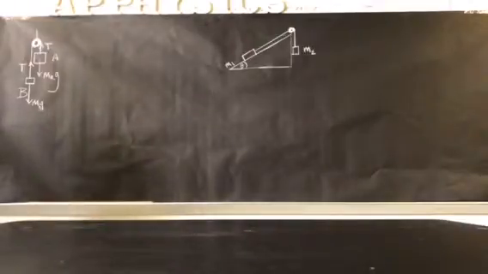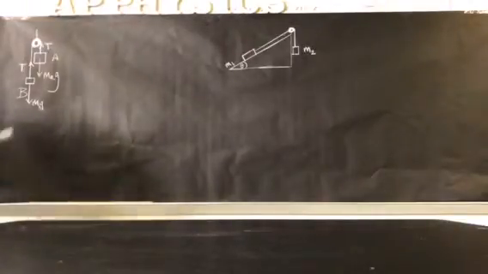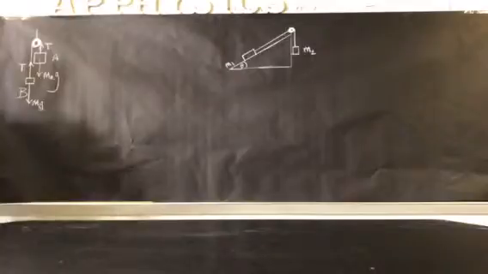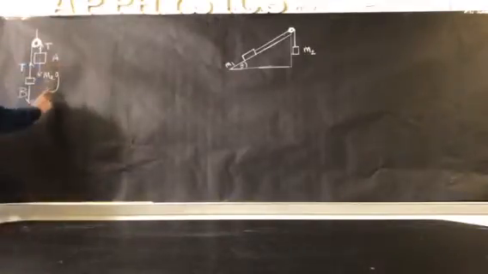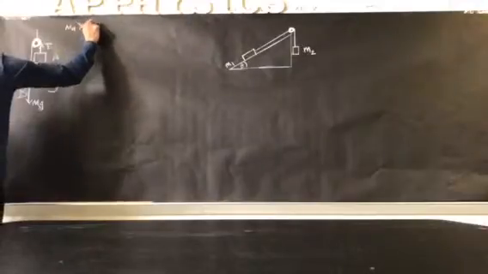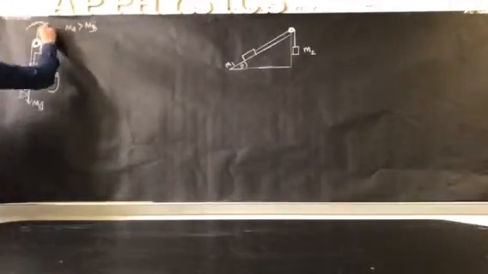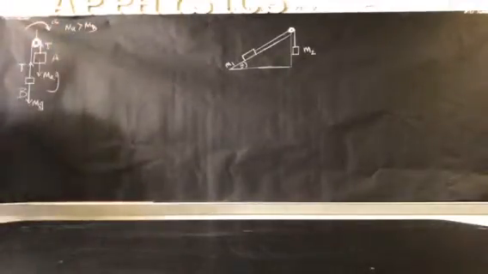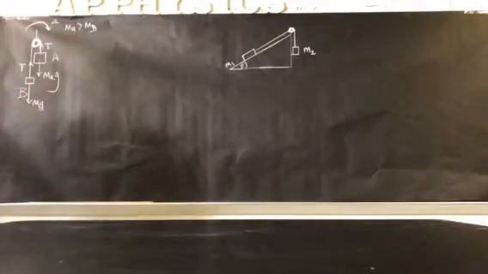Now we have to take into consideration which direction the boxes will move. Since mass A is greater than mass B, it will go that way. So if it goes that way, we can take that into consideration.